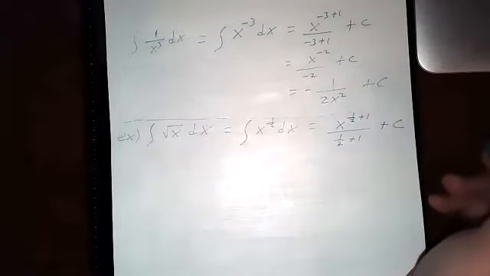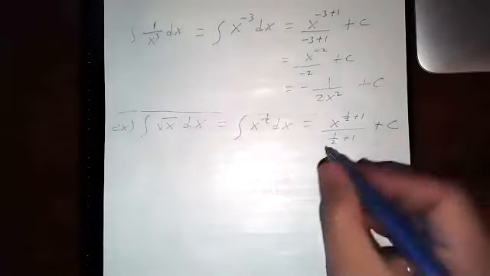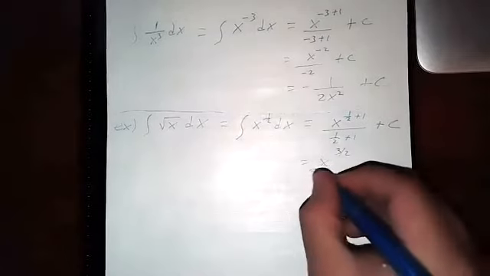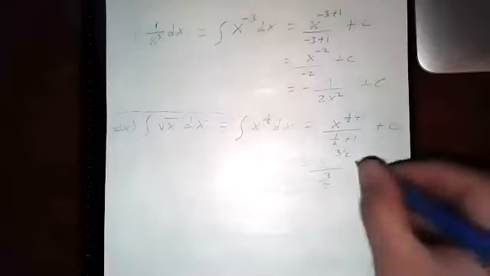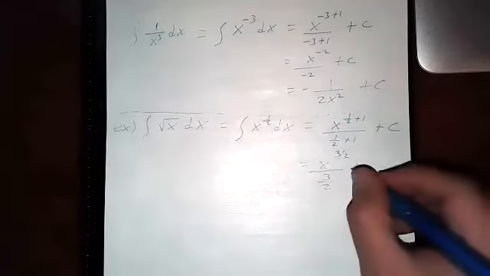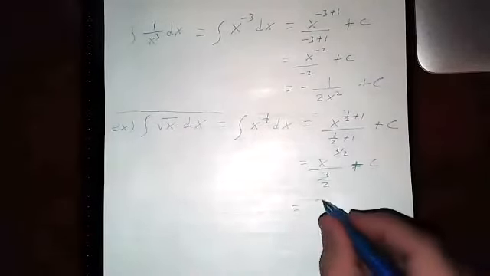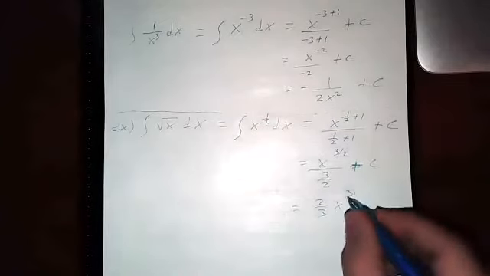Simplify this, that will give us x to the 3/2 over 3/2, which is simply, let's forget my c there, 2/3 x to the 3/2, right?